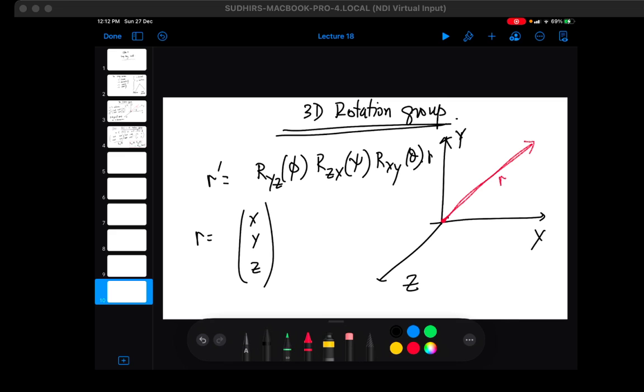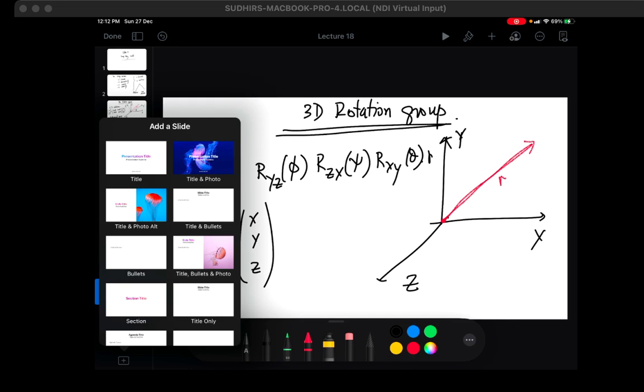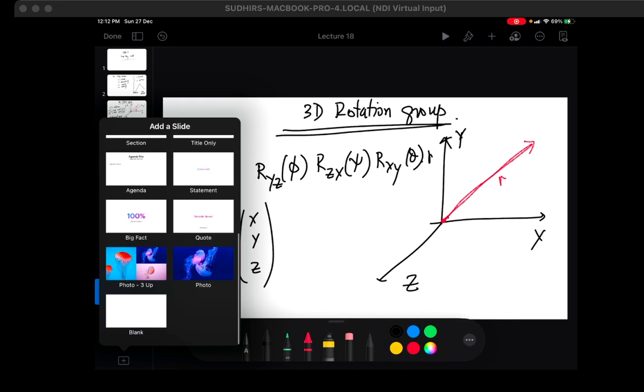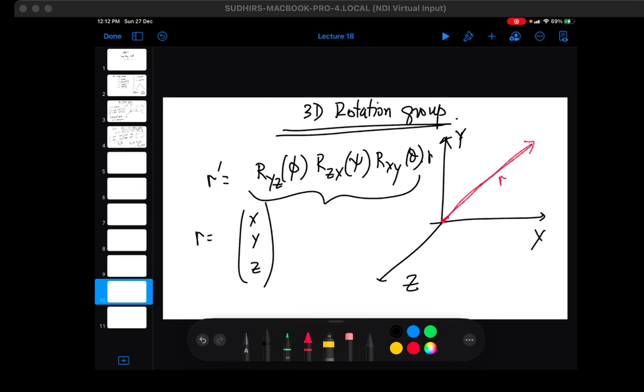A general rotation can be expressed in terms of 3 Euler angles, essentially like rigid body rotations. We'll use the same ideology, same methodology here. So this entire thing is the generic rotation matrix, let's call it OR.